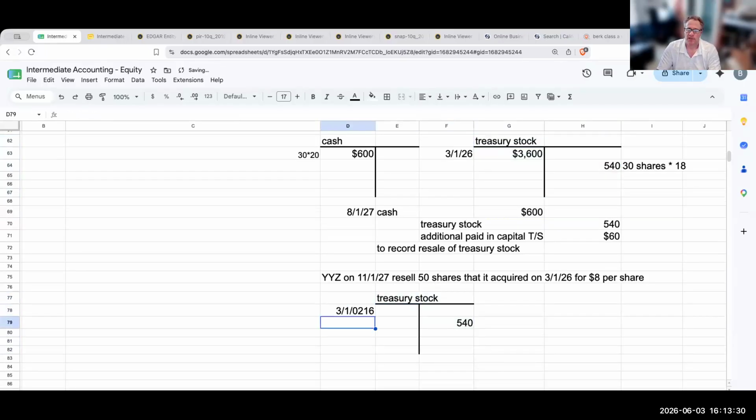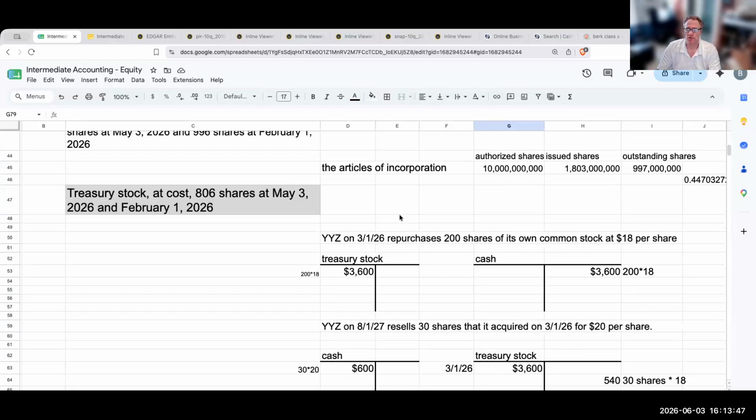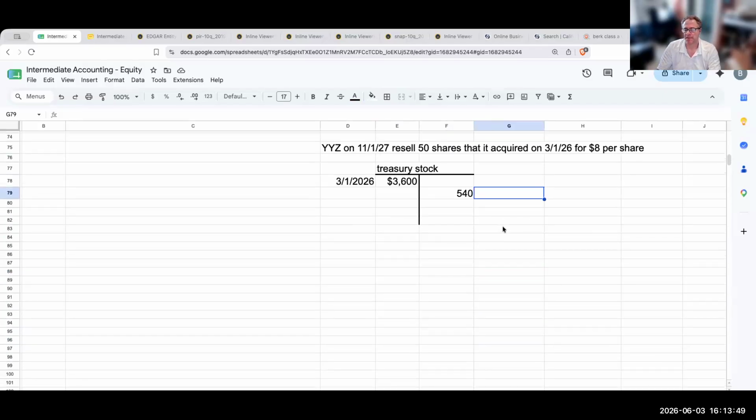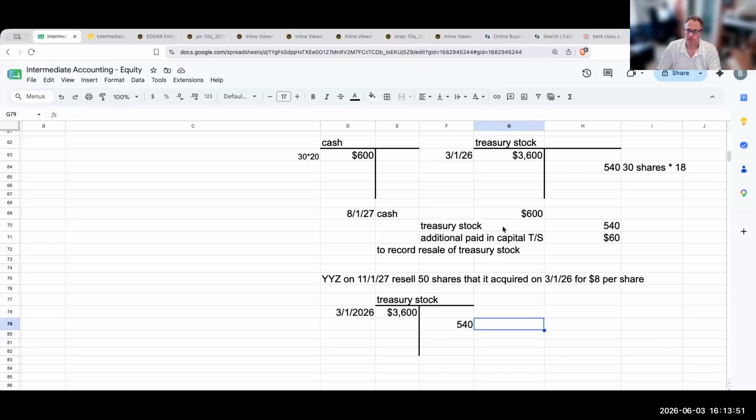So on 3/1/26, we had an initial debit balance of 3,600. We lowered our Treasury stock by 540, or the 30 shares at $18 per share, which is what we had originally bought this back on. This is going to be on 8/1/27.